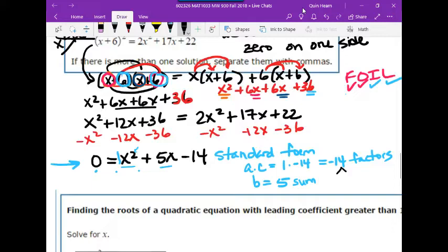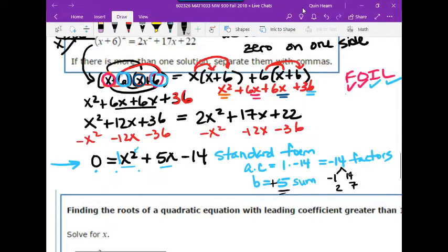So here, factors of 14 are 1 and 14, 2 and 7, and that's it. There's no other factors that multiply to give you 14. So now, to get negative 14, one of these numbers has to be negative, but we want the sum to be a positive, so you want the larger number to be positive.